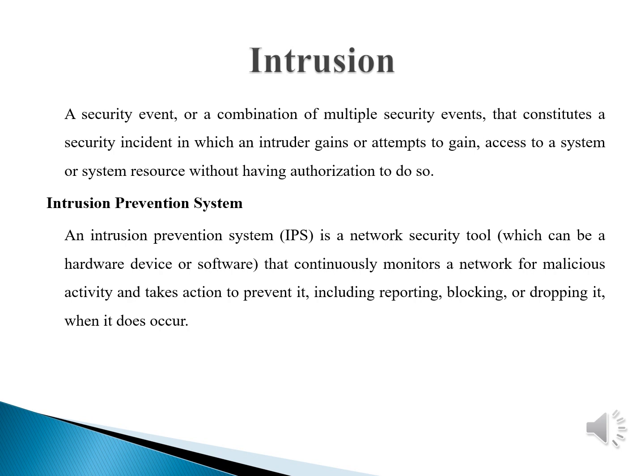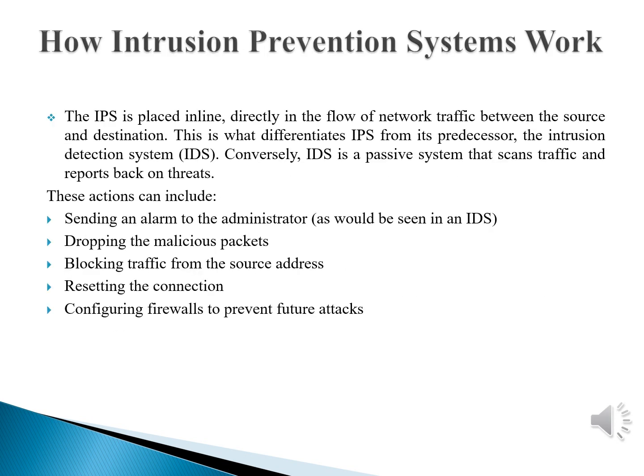An intrusion prevention system is a network security tool which is used to monitor a network for malicious activity and takes action to prevent it, including reporting, blocking, or dropping it when it does occur. Generally, an intrusion prevention system is placed in line directly in the flow of network traffic between the source and destination.